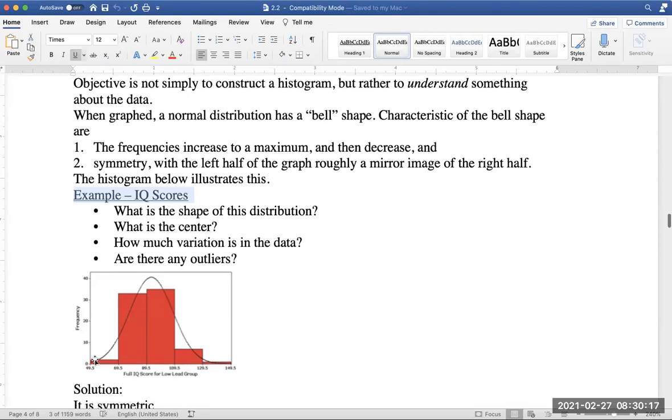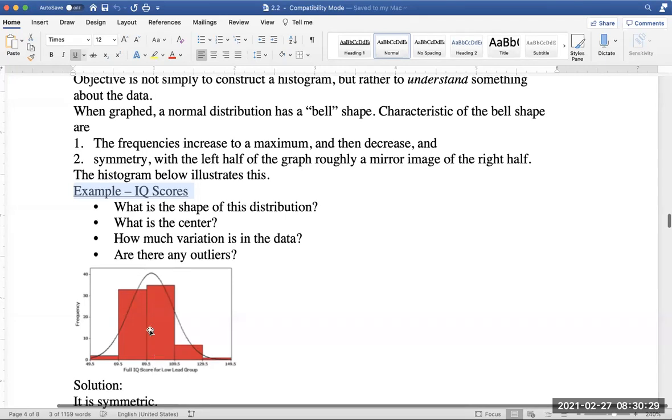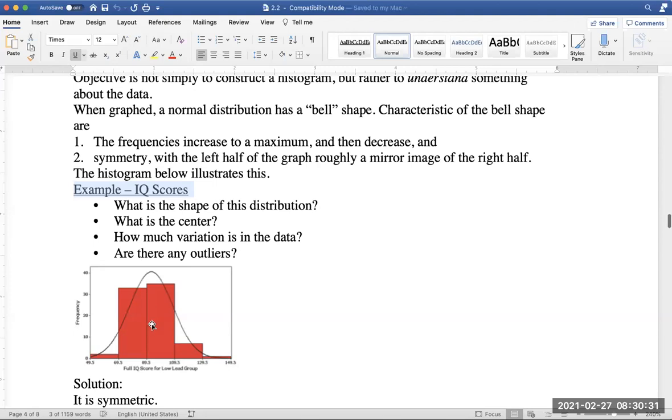This looks bell-shaped and symmetric, so it looks roughly like a normal distribution. The center is here, that's 89.5, so around 90.